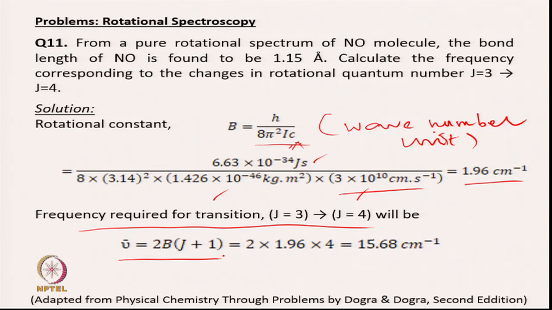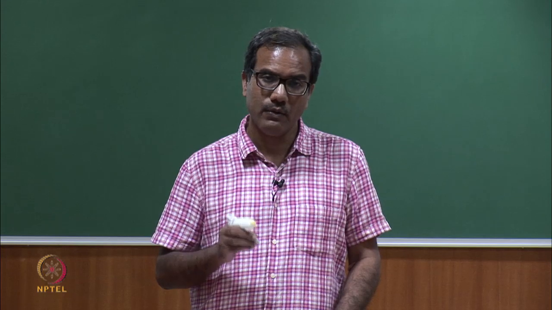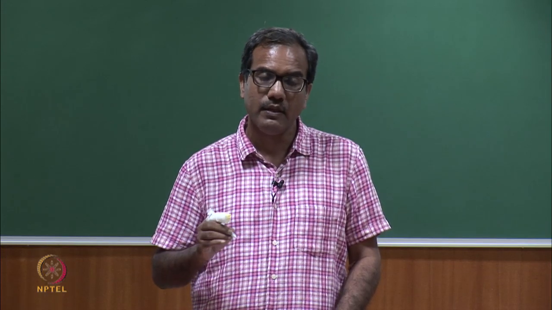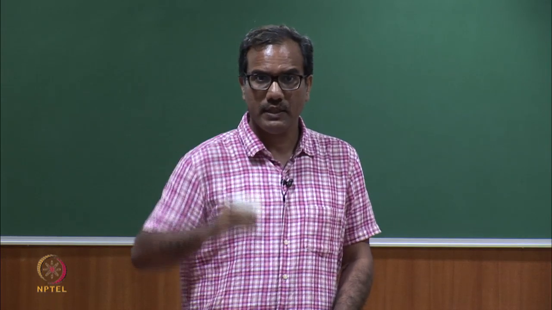That is not actually different, because when you express nu bar as 2 B j, j is the value for the excited state, and when nu bar is 2 B (j plus 1), j is the value of the energy level from where the transition is happening.